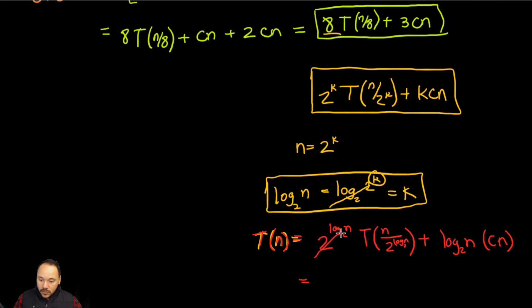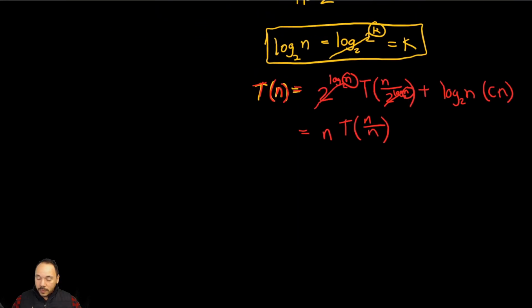So 2 and 2 elevated to log base 2 of n will be n. We have n, and then we have T of n by n, and then these cancel out, and then we have n. Let me move up a little bit so we have some more space, and then plus, we can move this term to the front so it makes more sense, Cn log base 2 of n.